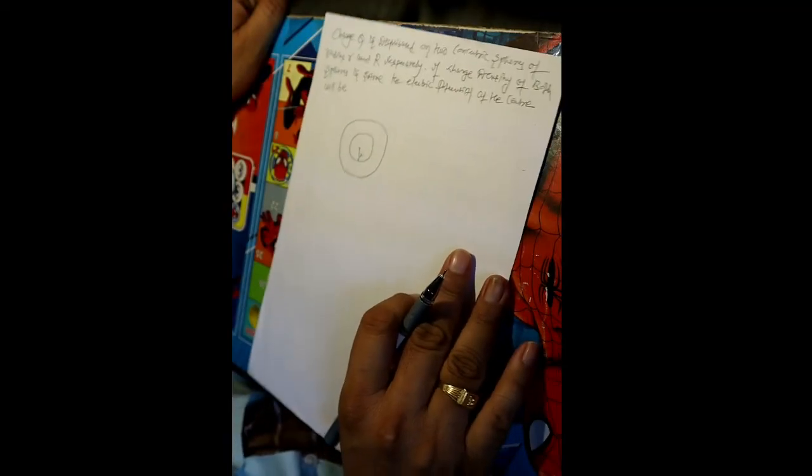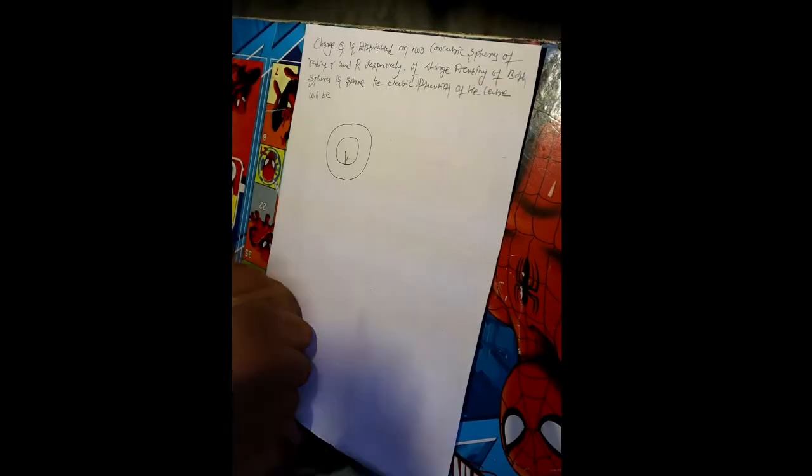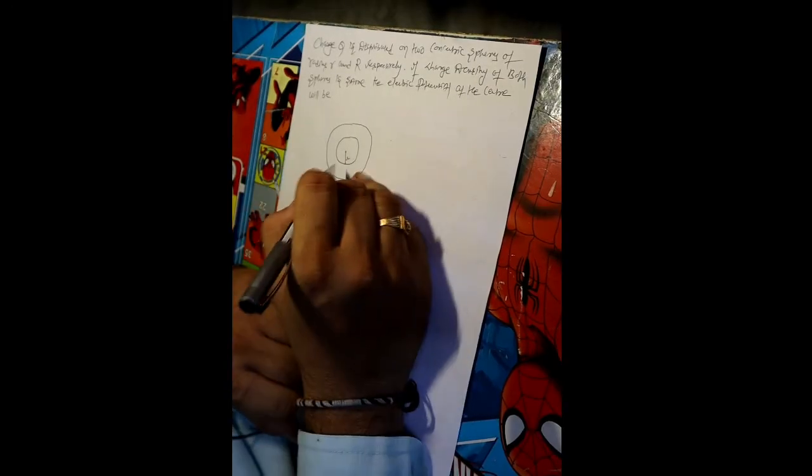Now we are going to solve this problem. Charge capital Q is distributed on two concentric spheres of radius small r and capital R. If charge density of both spheres is same, the electric potential at the center will be. So these are the two concentric spheres, and the radius of the smaller sphere is small r.